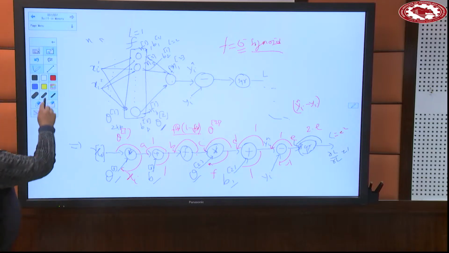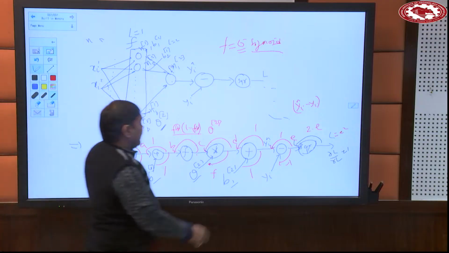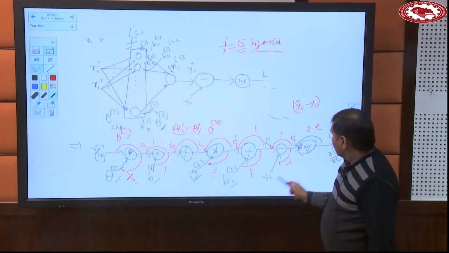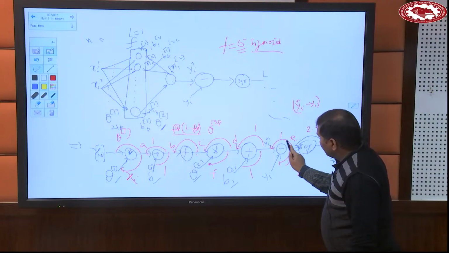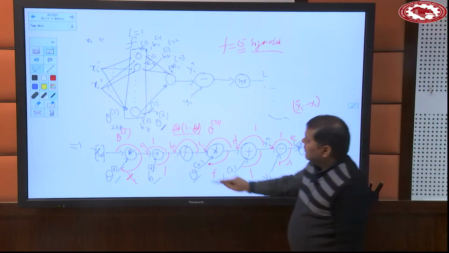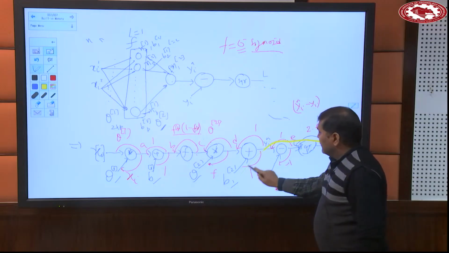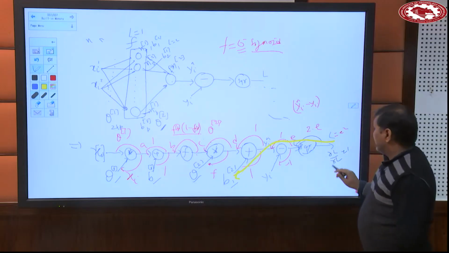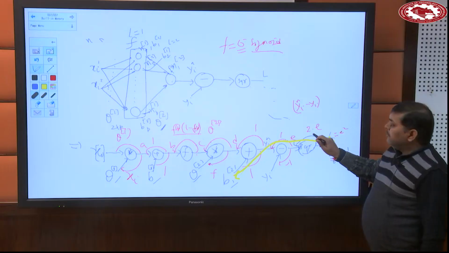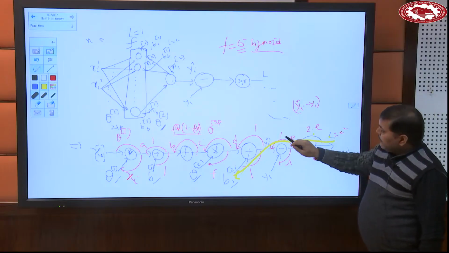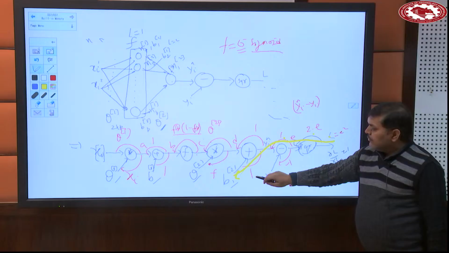Can you compute the gradient with respect to, let's say, b2, right? So can you compute the gradient of this loss with respect to this one? Maybe a little broader. So this is the path we are following. Just see. Whatever comes on the path, you just multiply. So just 1 into 2 into e into 1 into 1.